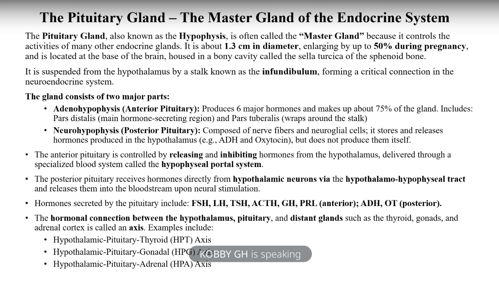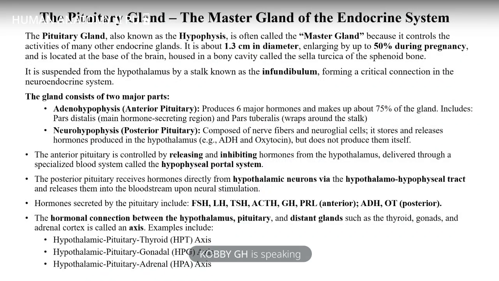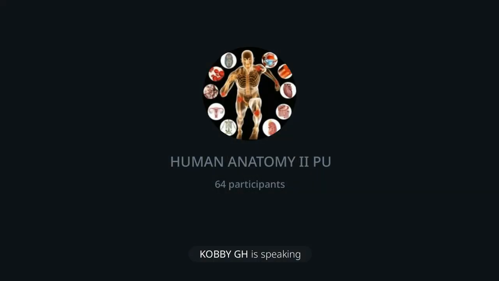Those are the things we want in anatomy. Something like this: the size, the diameter of the pituitary gland. Learn it, write it, learn how to write it.